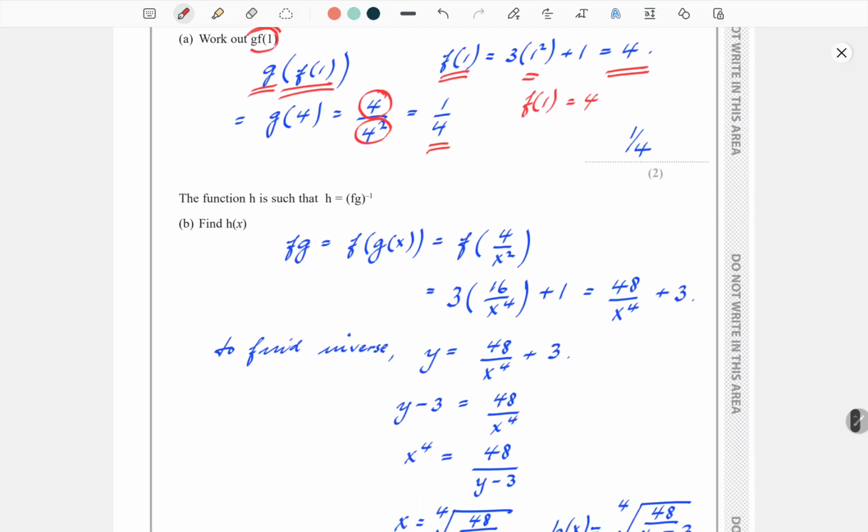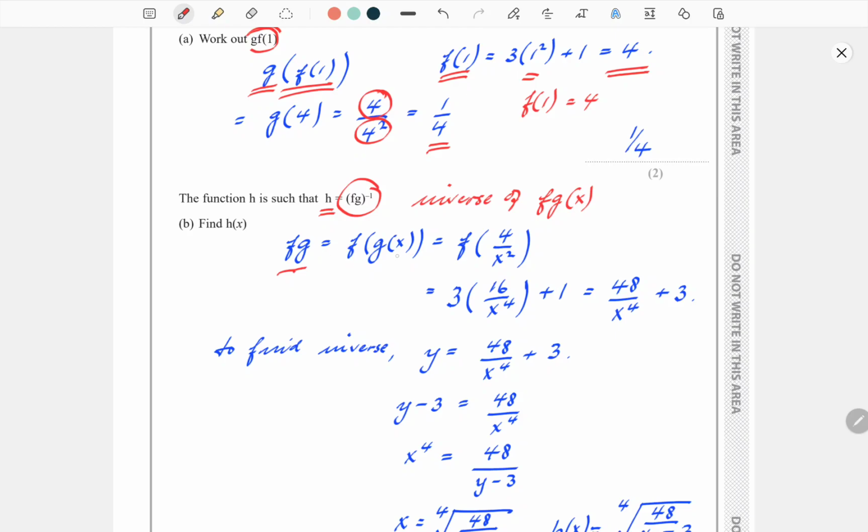The next one is just a little bit more tricky. We want to find a function h, which is the same as doing fg of x and then finding the inverse. So it means the inverse of fg of x. All right, so let's find what fg is first.